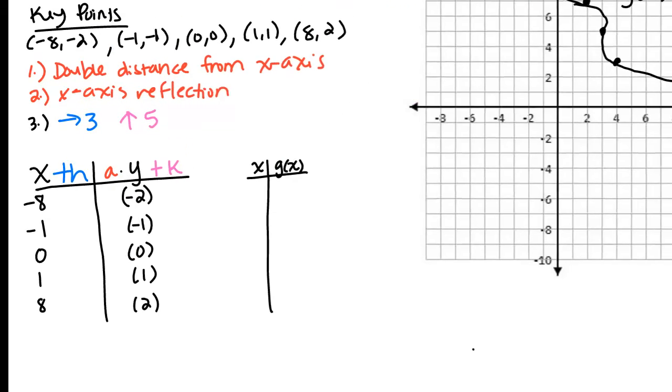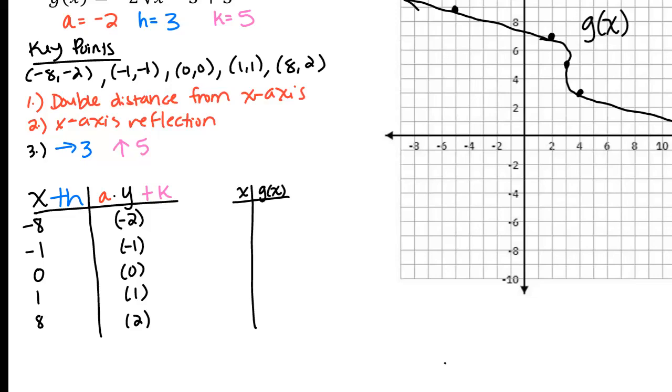Then we're going to add h, which I'm trying to find. H was 3. So it's a positive 3, so I'm going to go ahead and add 3 to all of my x's. And then for a, it's a -2, so I multiply all of my y's by -2.